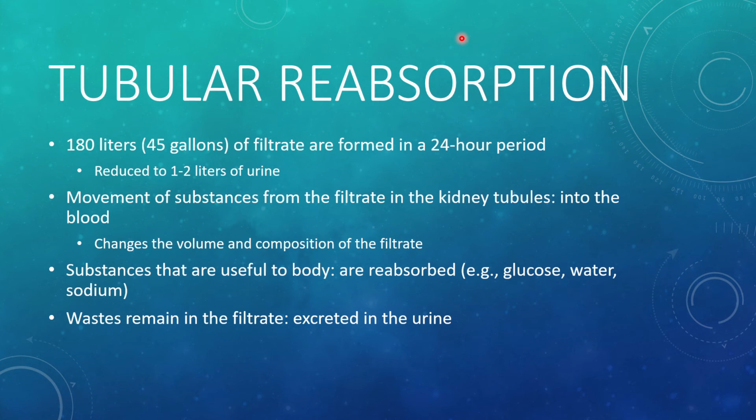So we're putting roughly 178, 179 liters back into our body in a 24-hour period. For reference, we have about 5 liters of blood in our body. So it's safe to say that if evolution did not come up with this tubular reabsorption, we wouldn't have a very good way of bringing the fluid we lose back into our body.